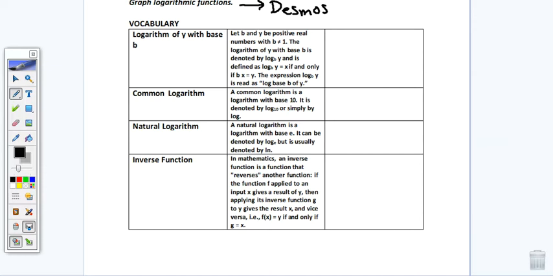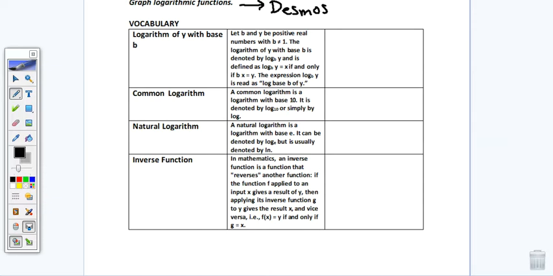Thanks, Maddie. Let b and y be positive real numbers with b not equal to 1. The logarithm of y with base b is denoted by log base b of y and is defined as log base b of y equals x if and only if b times x.